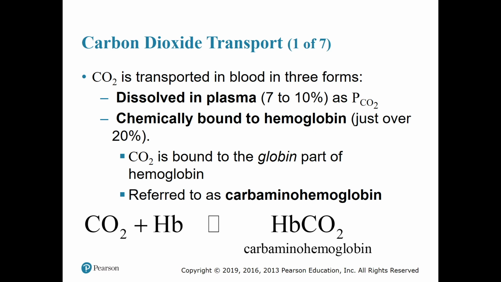Dissolved in plasma is about 7 to 10%, and chemically bound to hemoglobin is just over 20%. The CO2 is bound to the globin part of hemoglobin, not the heme like the oxygen, and this is referred to as carbinohemoglobin. And we can see that in this reaction.